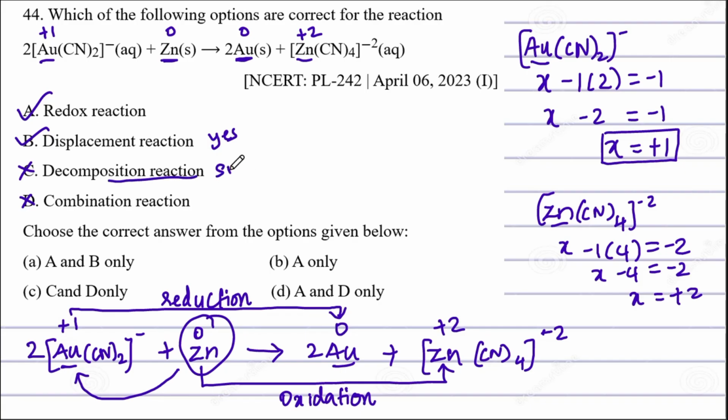Decomposition means a single reactant should decompose, and a combination reaction is where two or more reactants combine to form a common product. So the correct option is option A and B only.